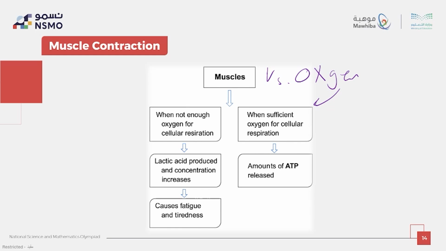But when oxygen is insufficient, the body switches to a less efficient process that produces lactic acid. The buildup of lactic acid causes muscle fatigue and soreness. Because of that, we feel pain in our muscles if they lack oxygen.